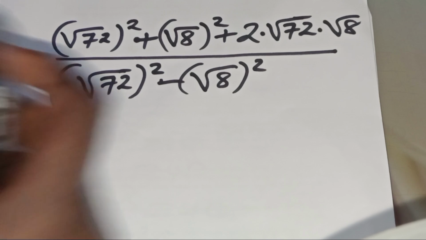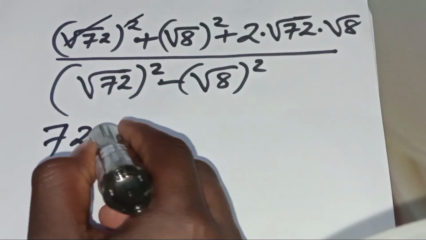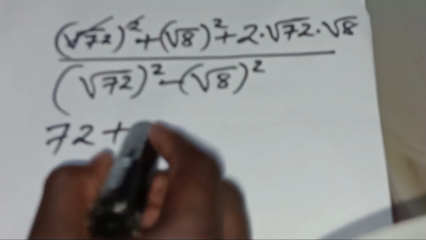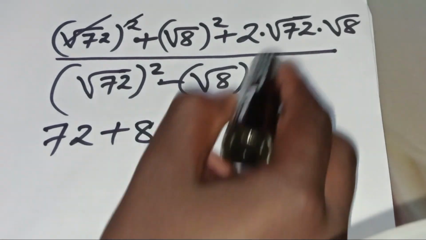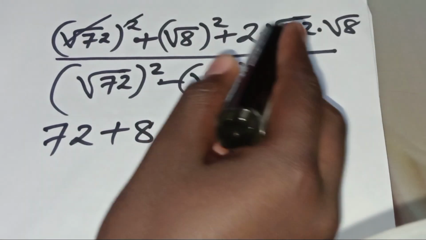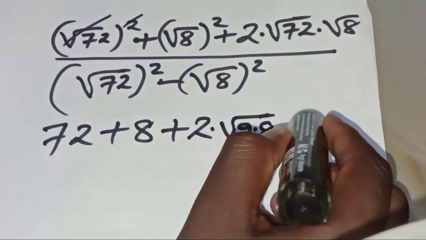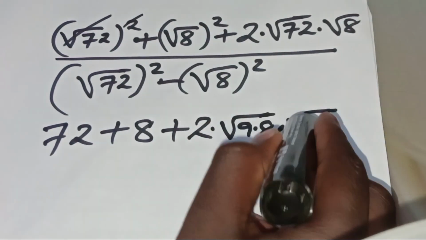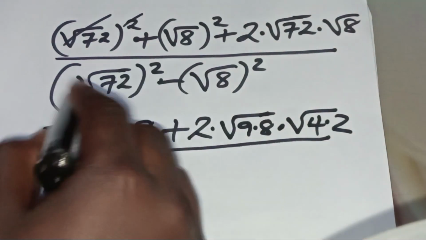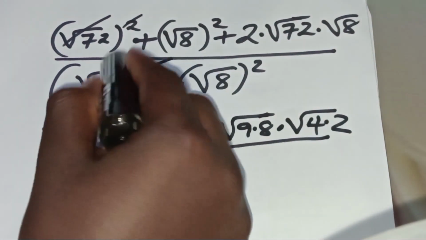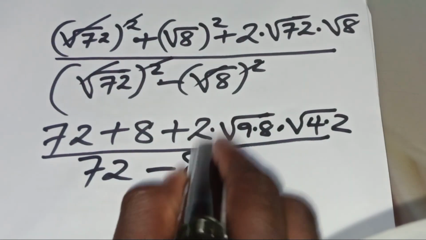Now here we have the square root of 72 squared, so we simplify and have 72, plus square root of 8 squared, which is 8, plus 2 multiplying by square root of 72, expressed as 9 times 8, multiplying by square root of 8, which we can express as 4 times 2, divided by square root of 72 squared, which is 72, subtract square root of 8 squared, which is 8.